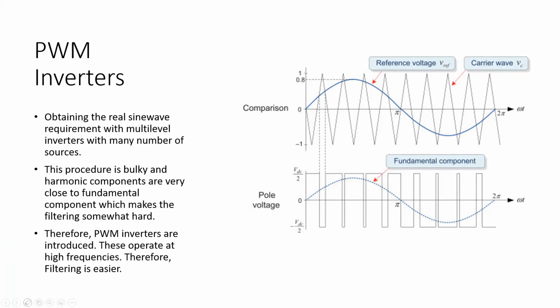But we do that, it is very bulky, right? When you have many levels of inverters, there are a lot of hardware components and several DC buses, so it is very bulky.